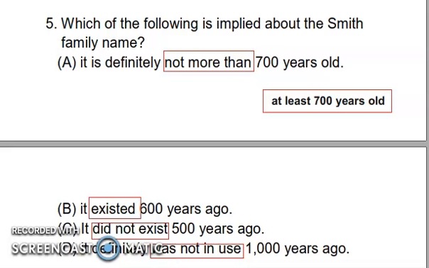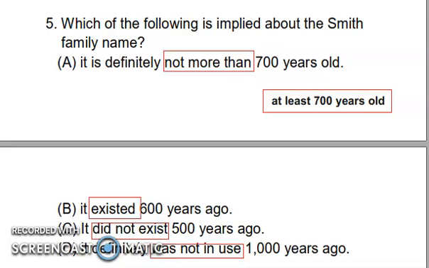Yeah, of course, this is not appropriate as what we have discussed before, that at least 700 years ago or 700 years old, it means that it can be 800, it can be 900, 1000 and more. So it is probably still in use about 1000 years ago. According to the keyword in the reading, the keyword is at least, and the number is 700 years old.